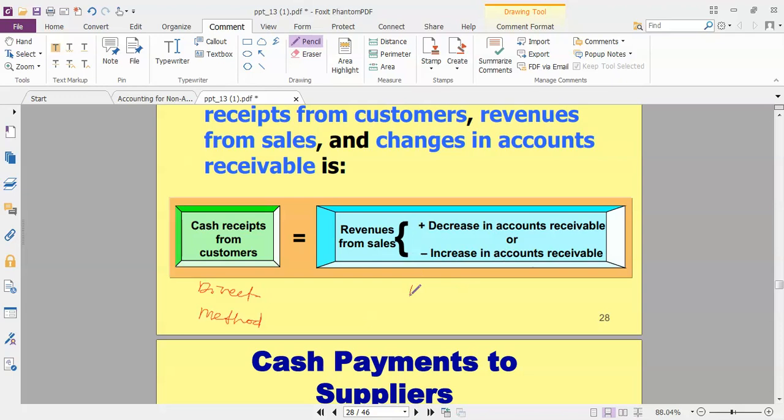This is using the indirect method. You will arrive at the same amount here, even though the format or formula to get the amount is different.